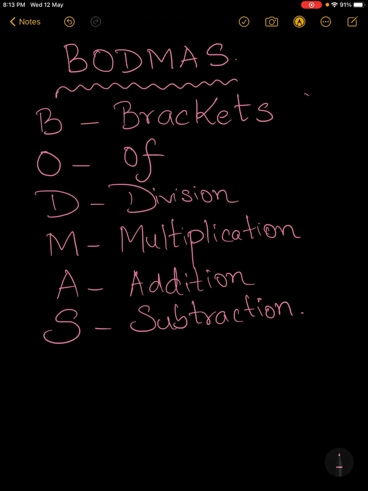Right? So this is a beautiful theory or a rule which helps us to understand the order in which we need to start solving our problem, whatever problem is given to us, irrespective. Now, when we see the first thing, it stands for B for brackets, right?